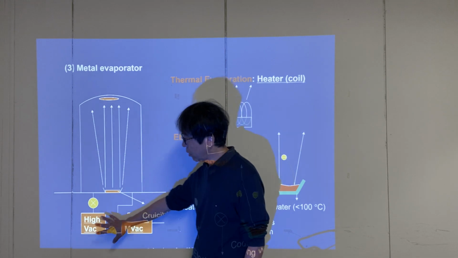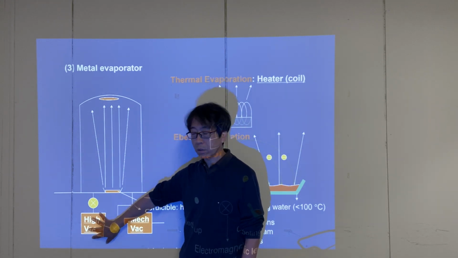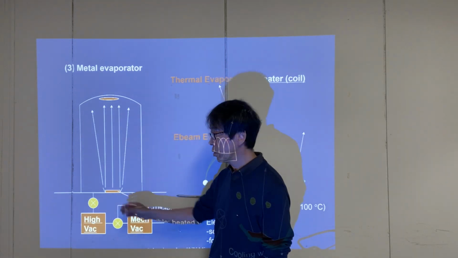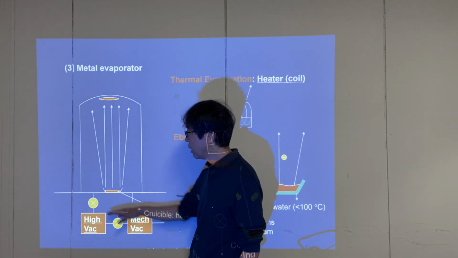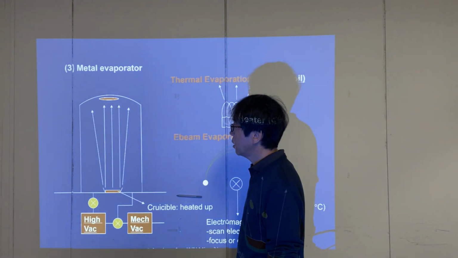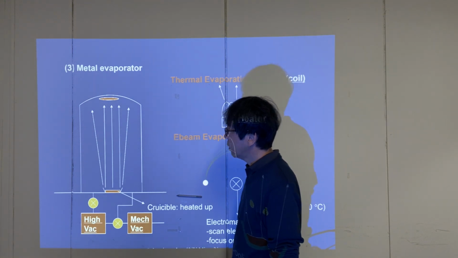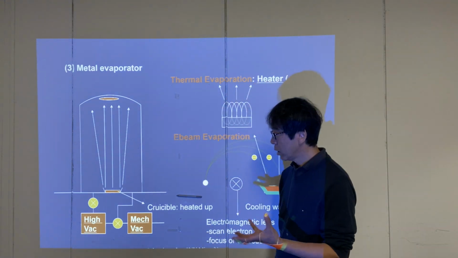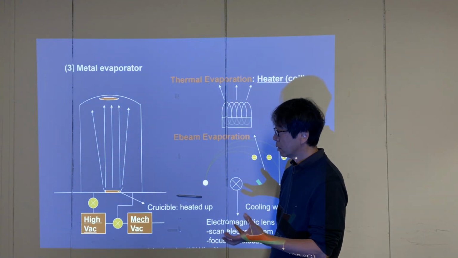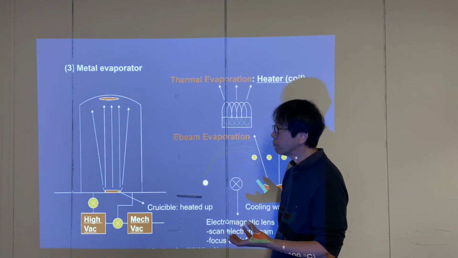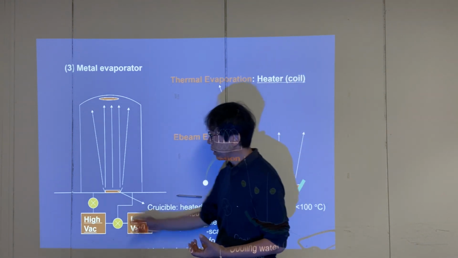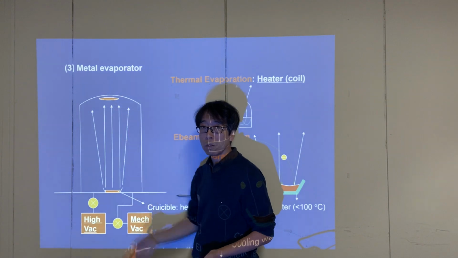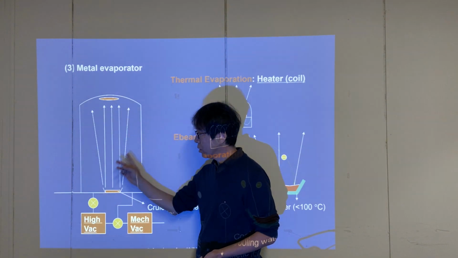In that case, you need a very special vacuum technology, high vacuum technology, high vacuum pump. You just put them in tandem together and maintain super high vacuum, and then make this crucible with the metal pellets go up to high temperature, and then make this metal evaporate as atoms, and then deposit it over the surface. Why is this possible?